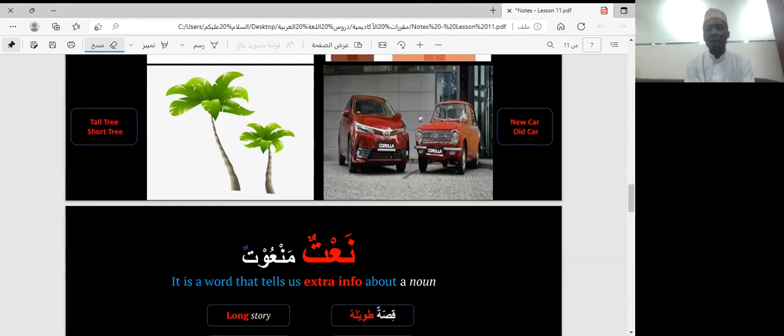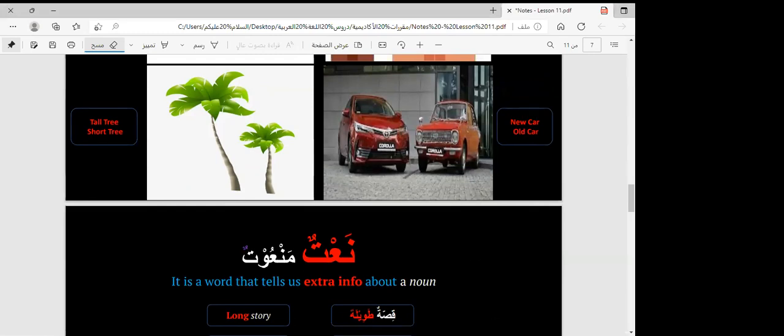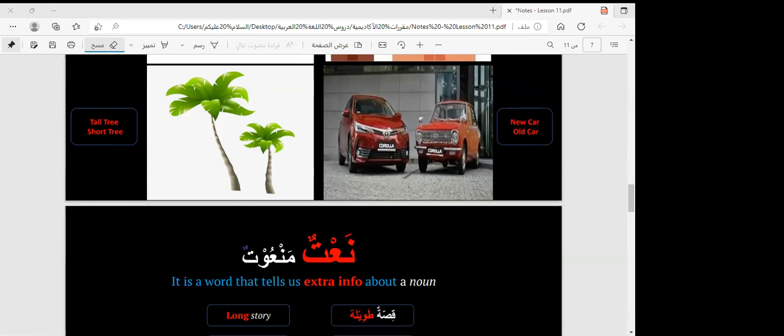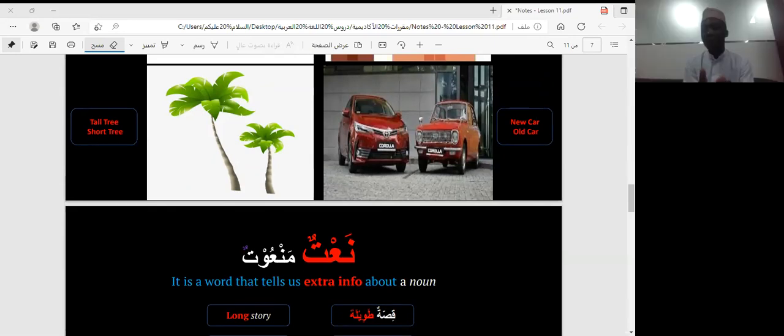Who can try? Tall tree. Shajaratun tawilun. Say tawilun. Na'am. Shajaratun tawilatun. Very good.